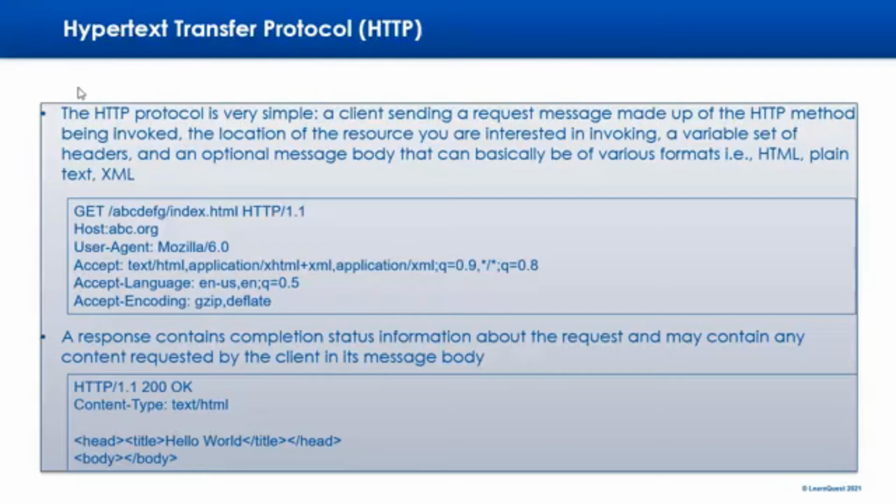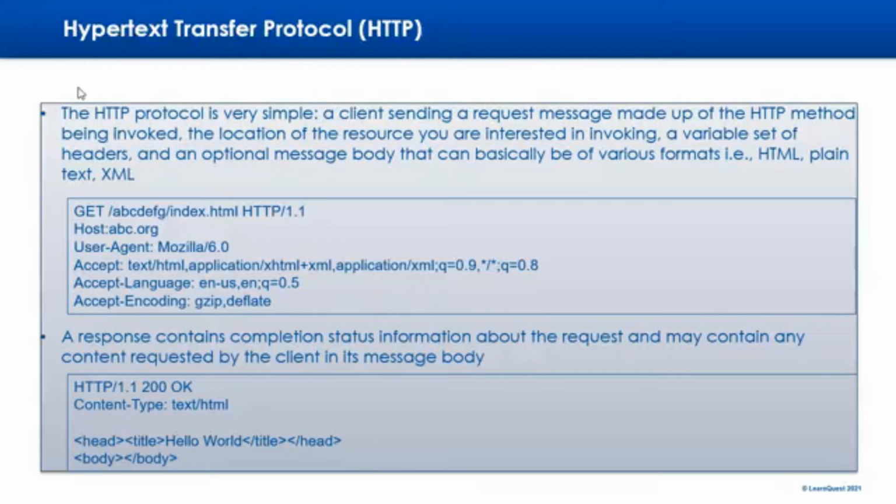and I'm saying here that this client will accept a representation of the resource in the following media types: text HTML, application XHTML or XML, and that we will favor text HTML over XHTML and XML. That's what those numbers mean at the end.